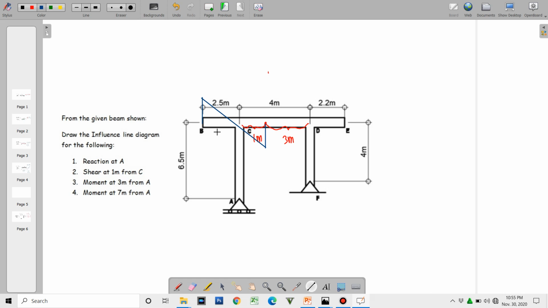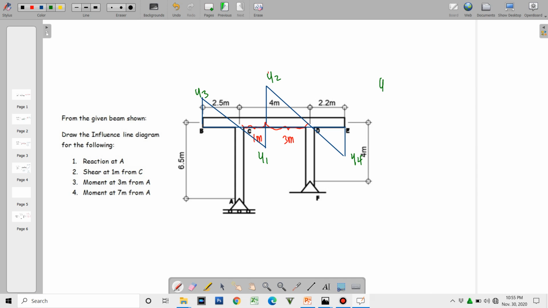It will restrain at point C, and this as well will tend to move upwards, will restrain at D, and extended at E. Okay, so we label the coordinates. Say this is y1, y2, y3, and y4.